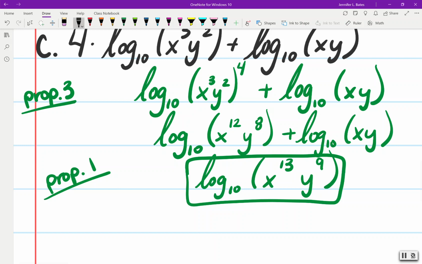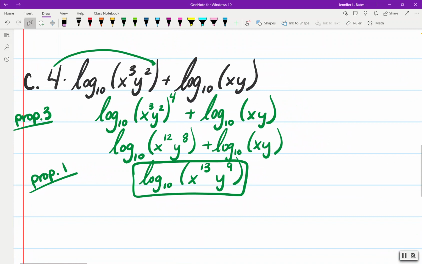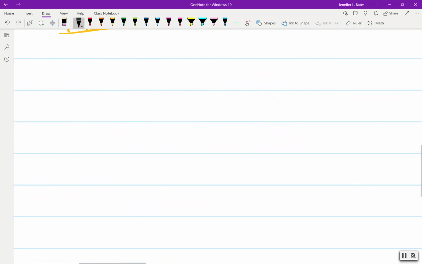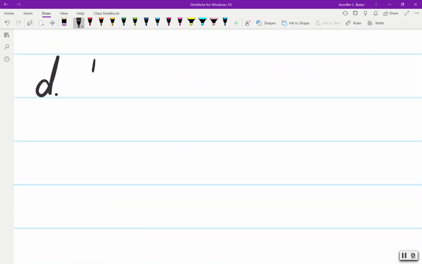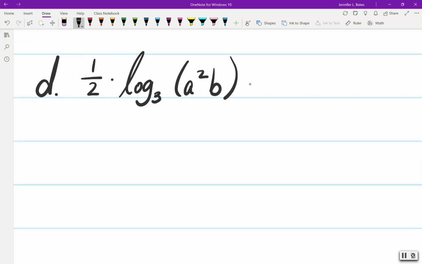Okay, let's go ahead and do another one. We'll call this example D. In example D, we're given 1/2 times the log base 3 of a squared b minus log base 3 of b.